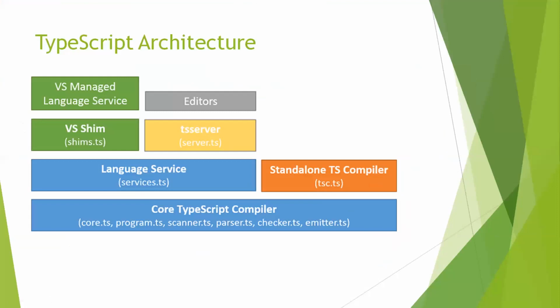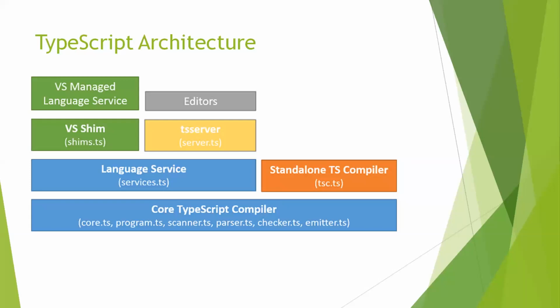What is the core compiler? The core compiler translates the code and identifies the errors in your code. Once translated successfully, it needs to be transcompiled into JavaScript. Who will do that? The standalone compiler. And whatever library is required for TypeScript is provided by the language service.